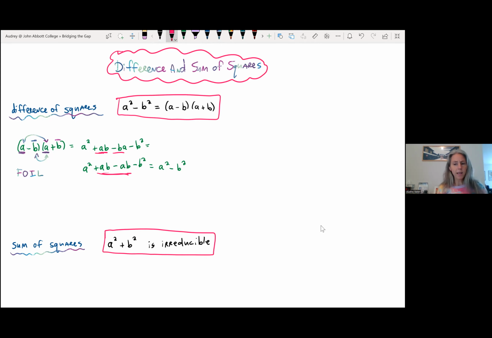Now, there are two ways to think about why this would be true. When we factor something, we're often finding the value that we could plug in that would make 0. If we think about when a squared plus b squared is equal to 0, that would be like saying, when does a squared equal negative b squared? But I know that a squared is positive, and I know that b squared is also positive.